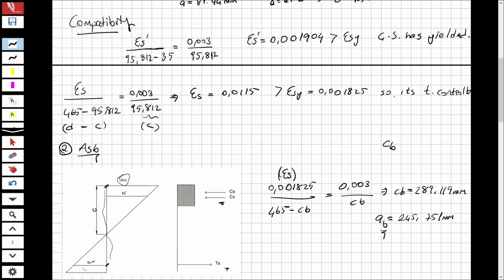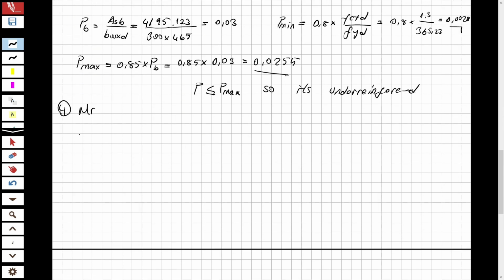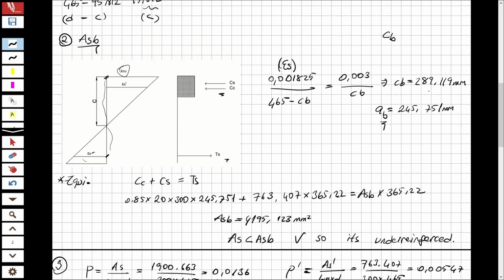So MR will be equal to CC multiplied with (d minus a over 2), and plus CS multiplied with the length from here.